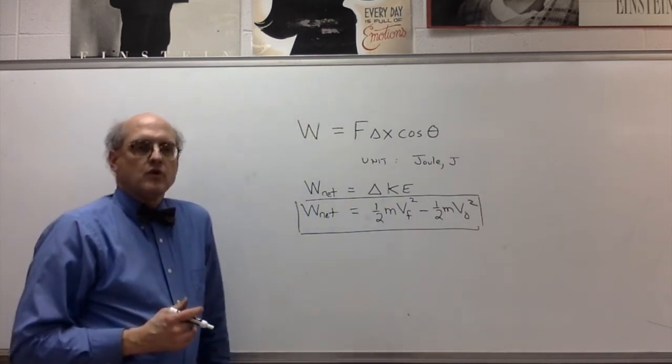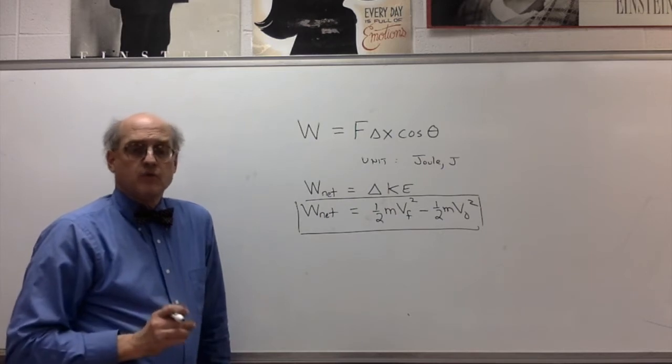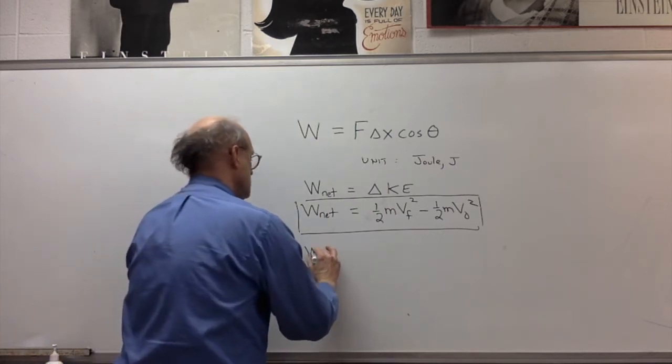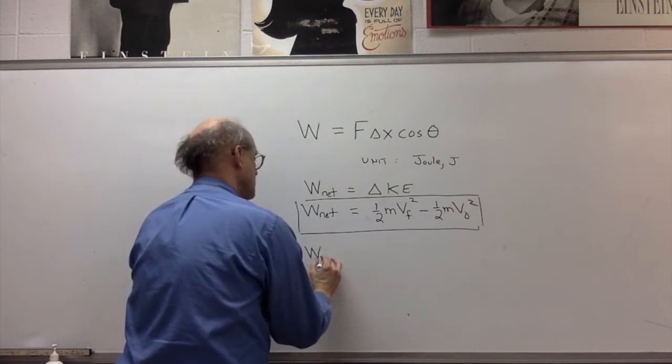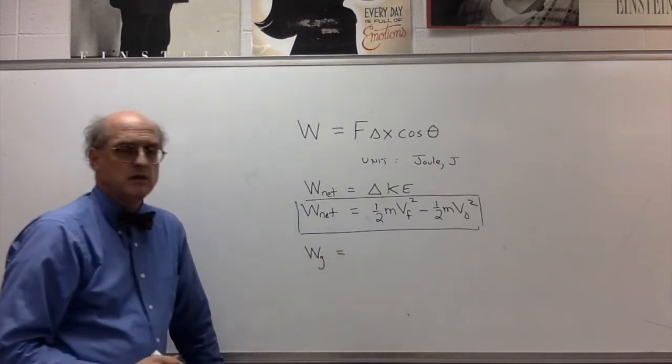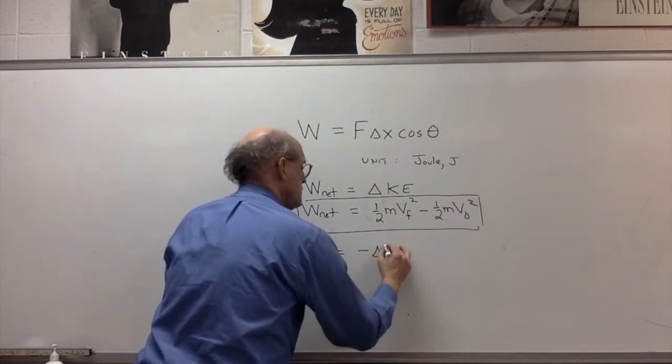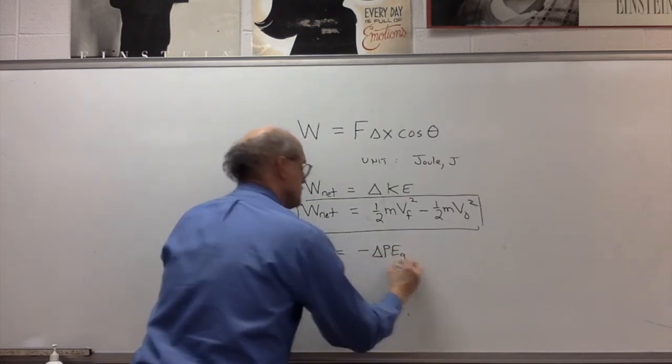Let's take a look at the work now done by a conservative force, such as the force of gravity. The work done by the force of gravity, I'll call it Wg, can be shown to be equal to the negative of the change in the gravitational potential energy.